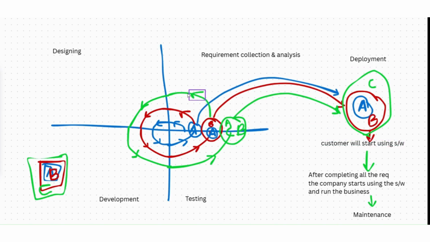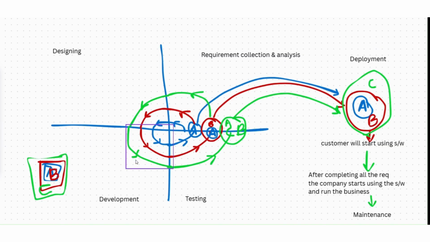Next, after some time, the customer came up with the requirement for module C. The requirement collection and analysis of module C is done. The designing of module C is done because the designing of module A and module B is already done. Now only the C designing is done.